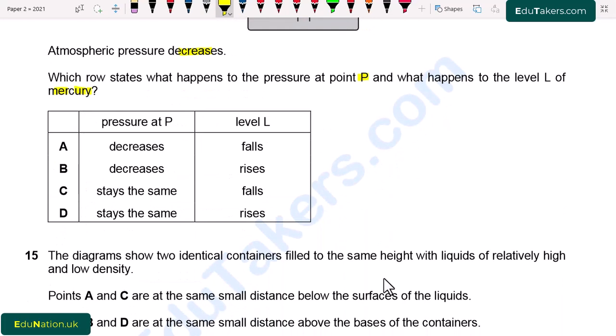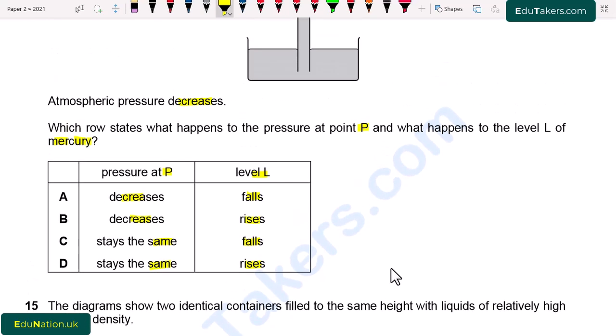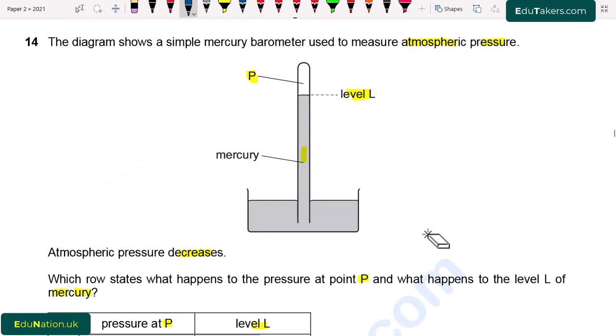Pressure at P, level L. MCQs: A, decreases, falls. B, decreases, rises. C, stays the same and falls. D, stays the same and rises. So from here, region P is basically the vacuum, there is nothing.